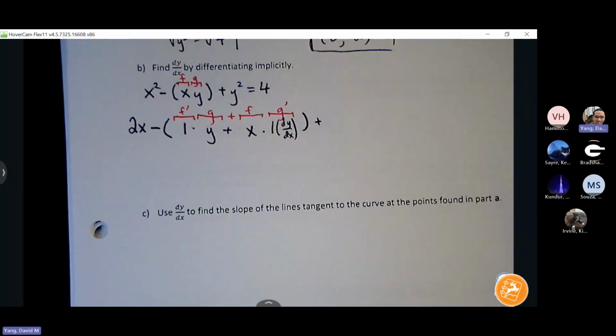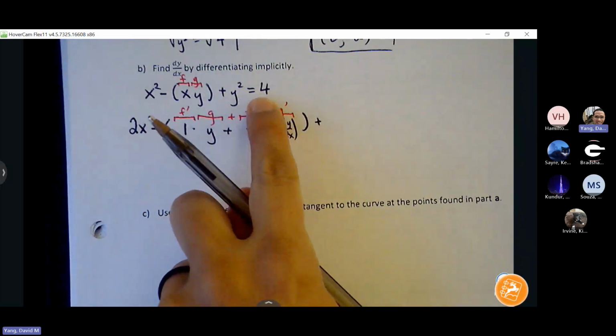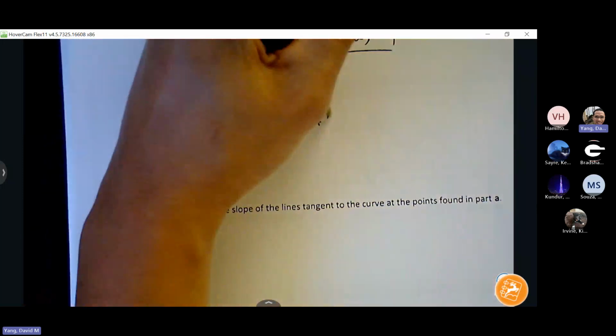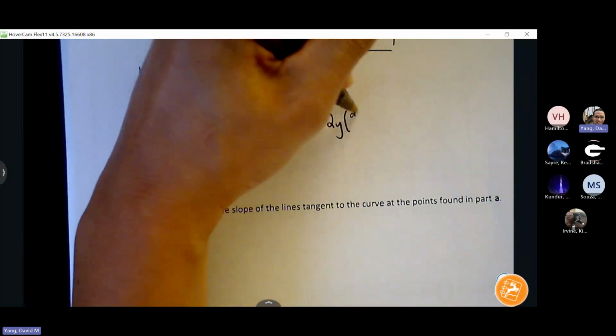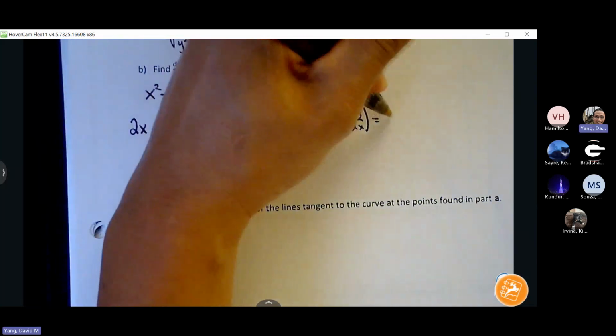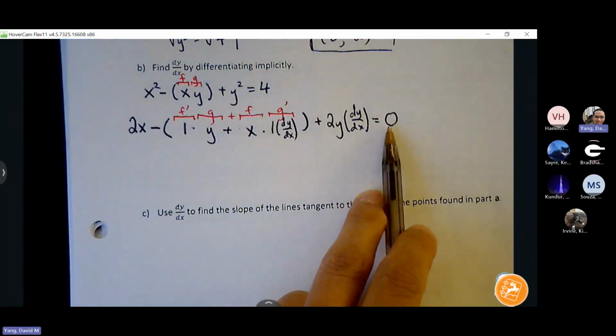Okay, so we're done with product rule. Now we have 2 more terms left to find our derivative. Y squared becomes 2y, but we are asking for y's derivative, so dy dx will pop up. And then 4, don't forget the 4 is also being impacted. 4 doesn't stay a 4, 4 goes to a 0.